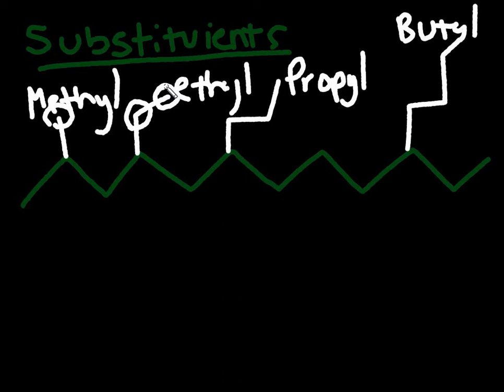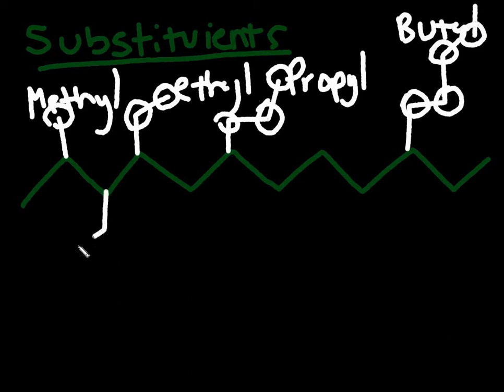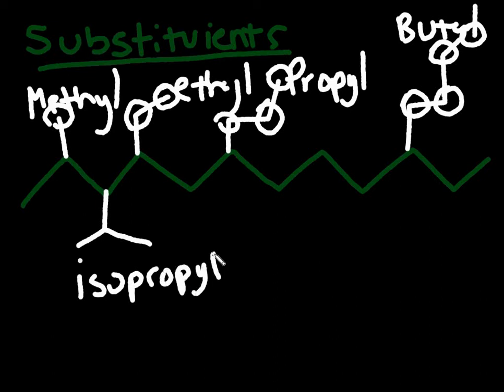There's 2 carbons there, 3 carbons here, and 4 butyl. Now at the end here we have this. This is called iso. Isopropyl. This is isobutyl.